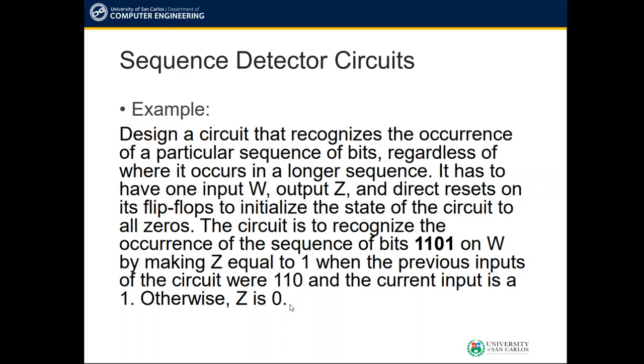Let's now proceed with sequence detector circuits. For this part of the lecture, it is best to demonstrate with a simple problem. I'm giving you an example where we design a circuit that recognizes the occurrence of a particular sequence of bits, regardless of where it occurs in a longer sequence.